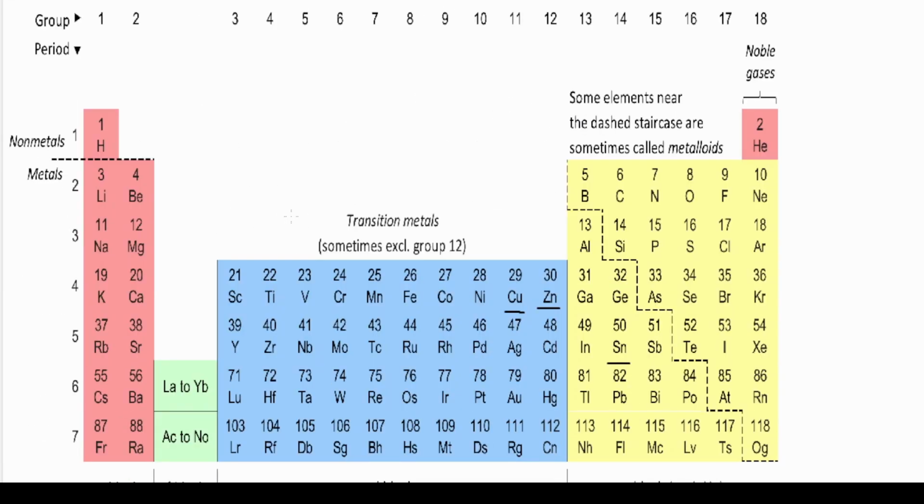Thankfully that's really easy. You just reference your periodic table. The general rule of thumb for determining whether you are dealing with an interstitial or a substitutional alloy is to look at the periods that the elements are in. If they are on the same period, same energy level, or within one energy level of each other, then you will see a substitutional alloy because their size isn't that different.